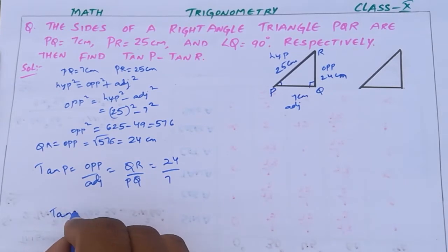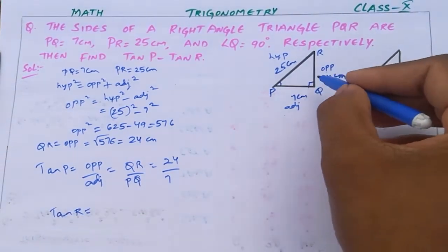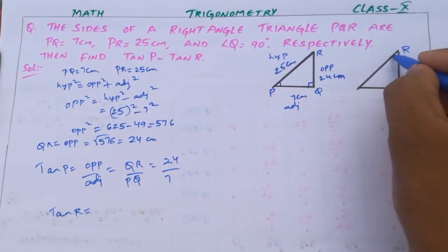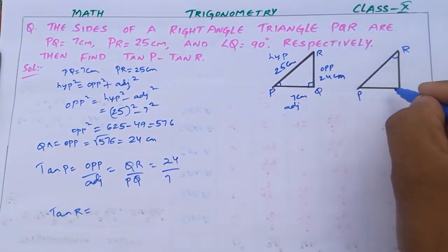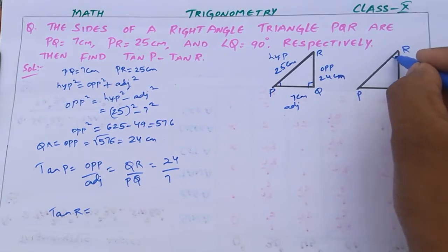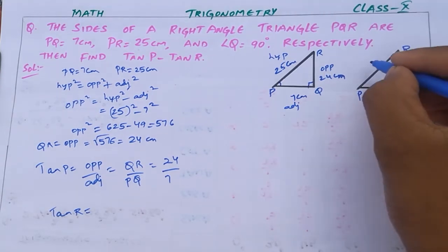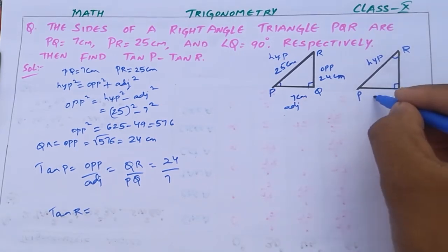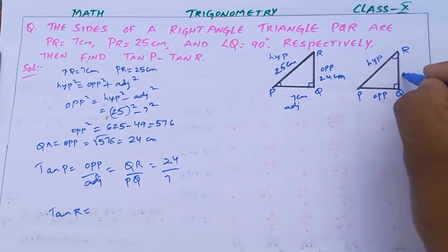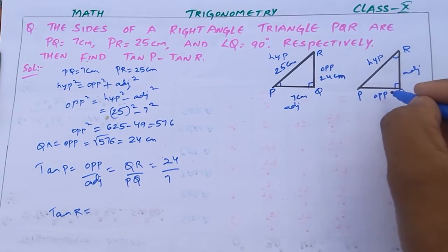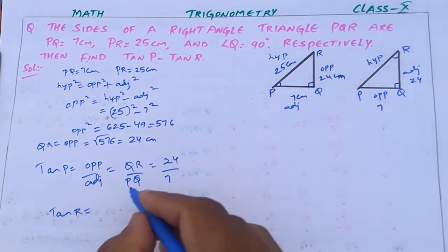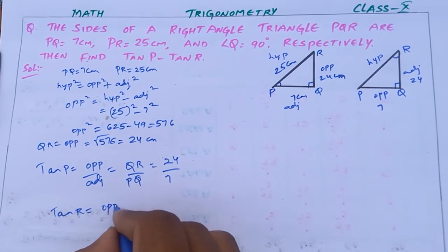Then now tan R. That means in this triangle, angle is changed to here R. So I am taking another triangle for better understanding. So this is angle now. So according to this angle, this will be the hypotenuse. This remains same. According to this angle, this is the opposite side now. This is opposite and this is adjacent. Values will be same but sides are changed. So now tan R is opposite by adjacent.